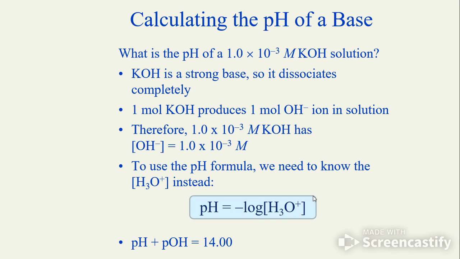How about the pH of a base? For example, if you are given a strong base, potassium hydroxide, of this molarity, how do you find the pH? We know it completely dissociates in solution, so the OH concentration will equal the molarity given of the base. So find the hydronium ion concentration, from which you can find the pH of the solution.